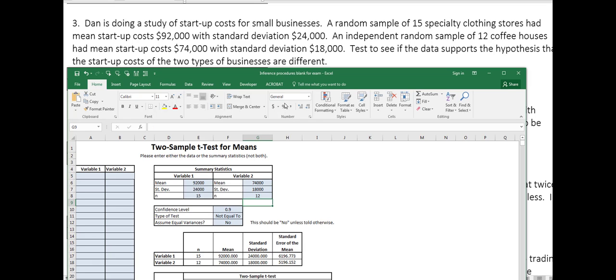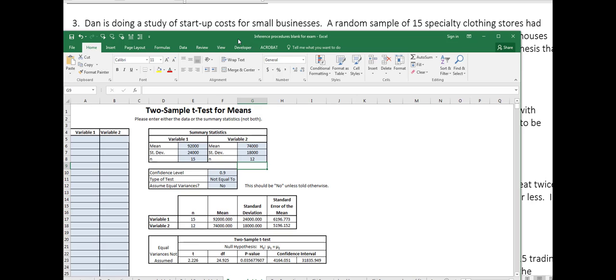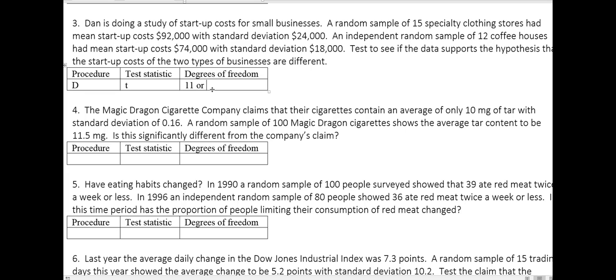Okay. Now, I didn't actually write out the hypothesis statement, but that's not really relevant. It's right down here in this spreadsheet. It's already gone ahead and figured out what the degrees of freedom for those 2 samples would be, so 24.9 would be the other acceptable answer.